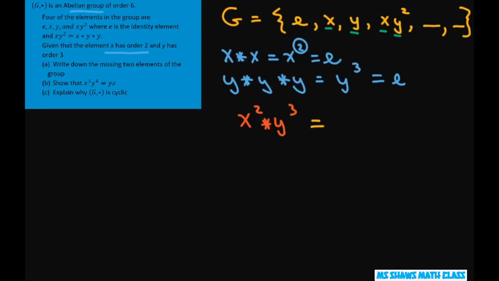So what we're going to do is look at the other elements. So we want this to equal, for example, let's look at this one, XY squared.